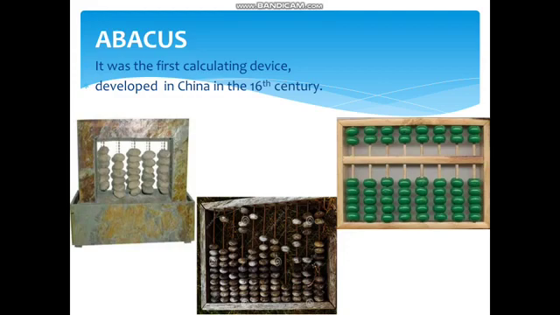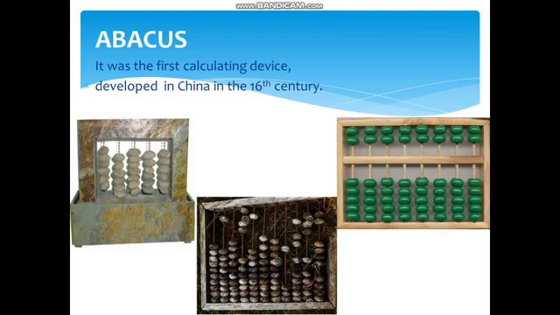It is called the abacus. We are still using it; now also it is in use. But it is not like the earlier form. First it was made up of rods and stones. After that, beads.